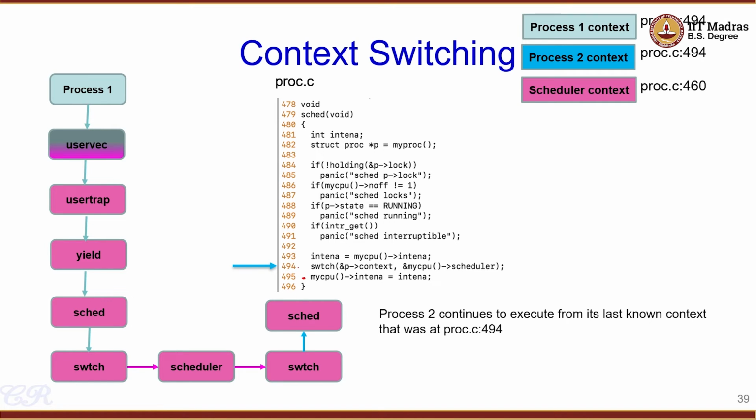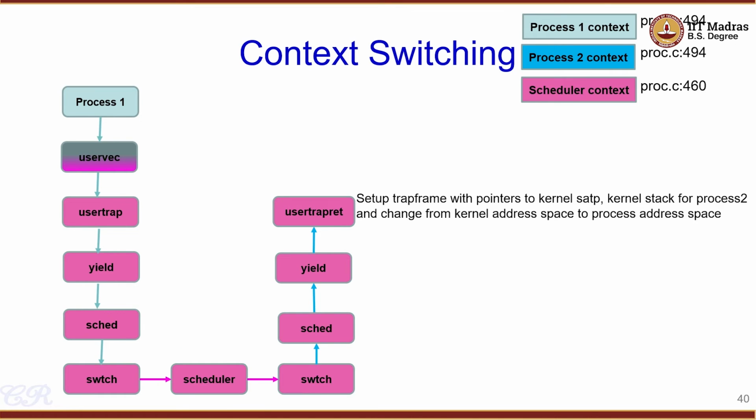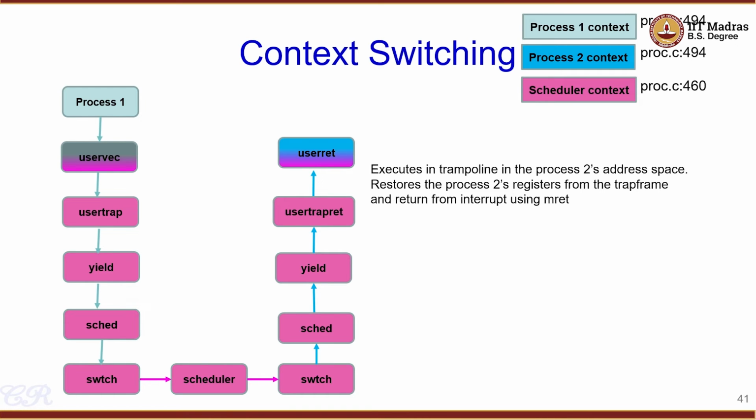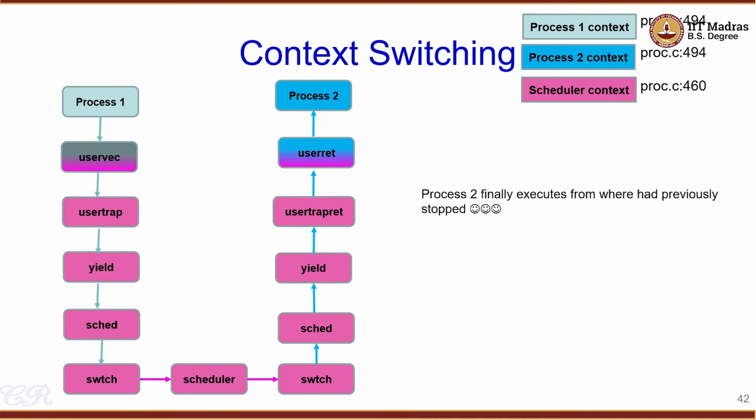It would execute this intr_on, that is this particular function, and then go back to the function yield. From yield it invokes usertrapret, and then userret, which is present in the trampoline, which is then going to restore all the registers which are stored in the trap frame for process P2 and return, and finally restore process 2's execution.